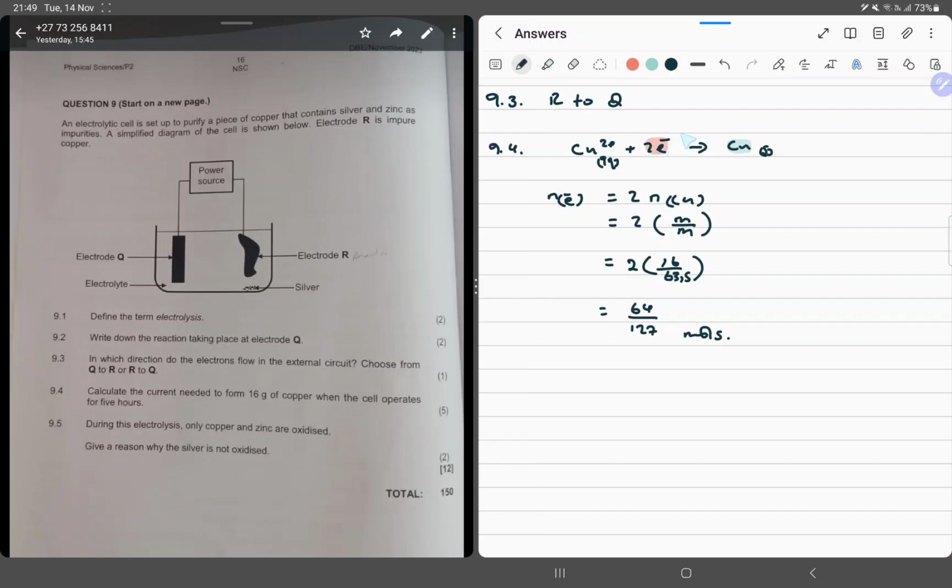So can you see the number of moles of electrons that were transferred, or that flowed past a point, was this? So now what is the charge of an electron? The charge of an electron is 1.6 times 10 to the minus 19 coulombs. But now we've got number of moles, and we know that the charge per mole is the charge on an electron multiplied by Avogadro's constant.